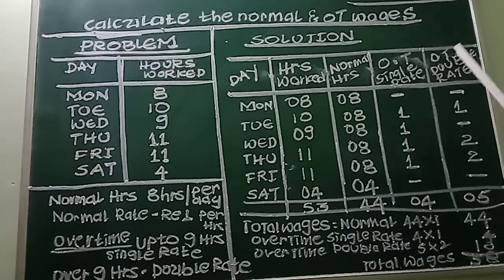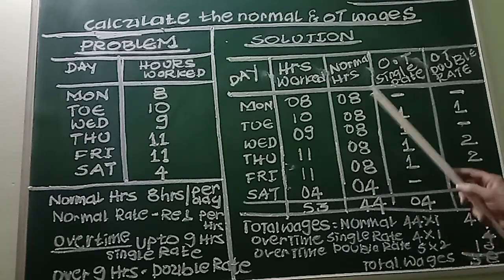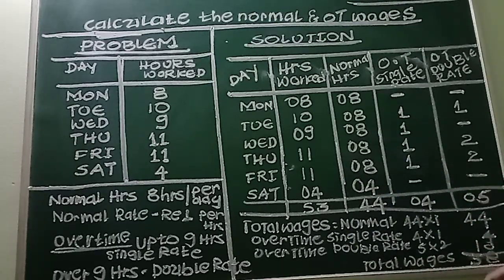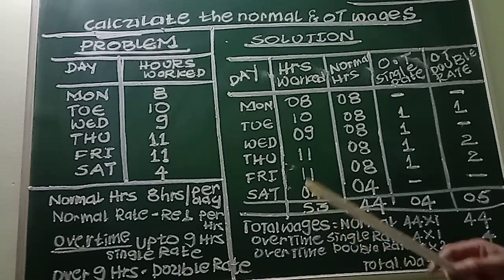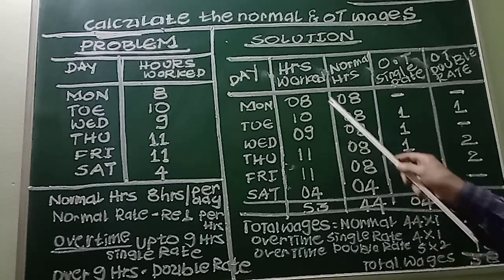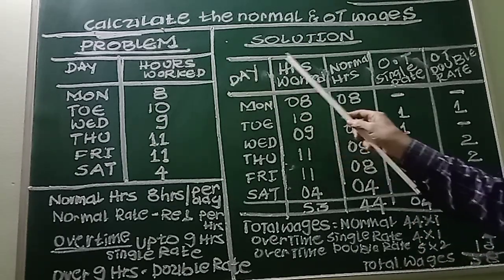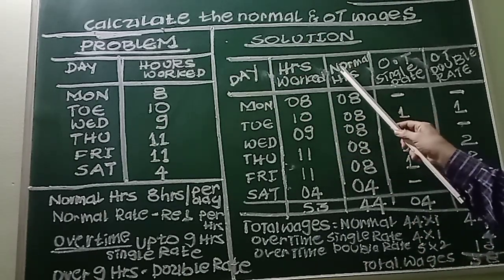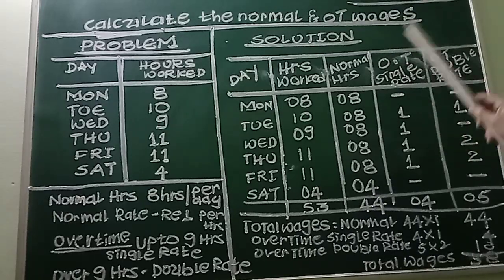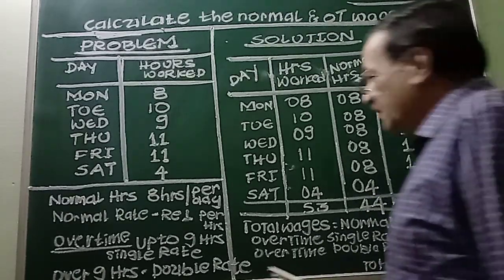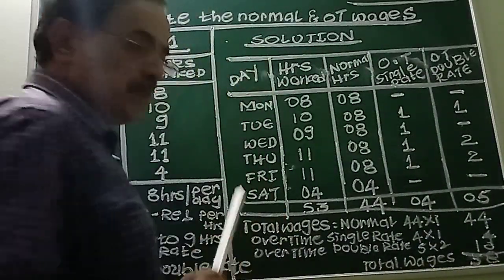And overtime wages at double rate. Double rate here means if he exceeds 9 hours per day, he will be paid at a double rate. This is the day column, hours worked, normal hours, OT at a single rate and OT at a double rate.